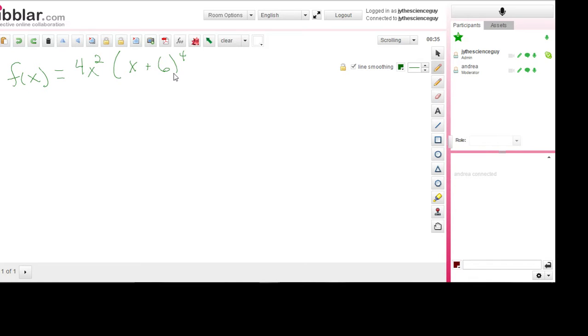First question, is that a polynomial? Yes. And what degree is that polynomial? 2 plus 4, so 6 degree. Mm-hmm. And now I want you to write it in standard form. And you might need a calculator, by the way.